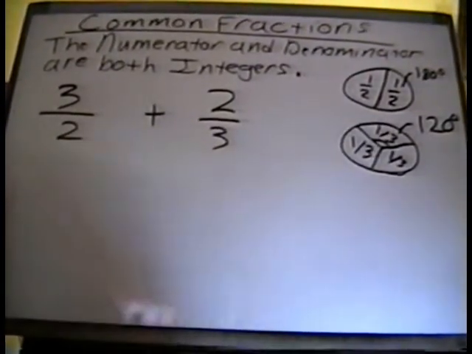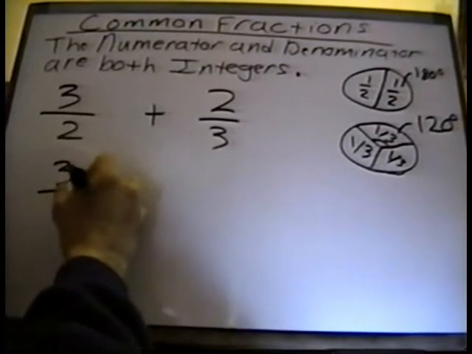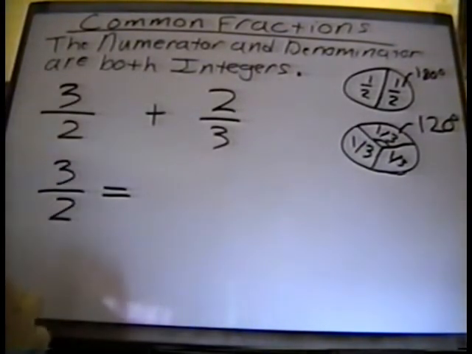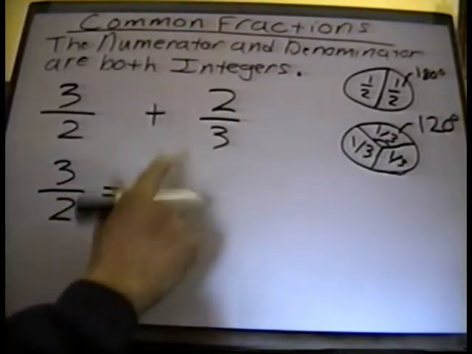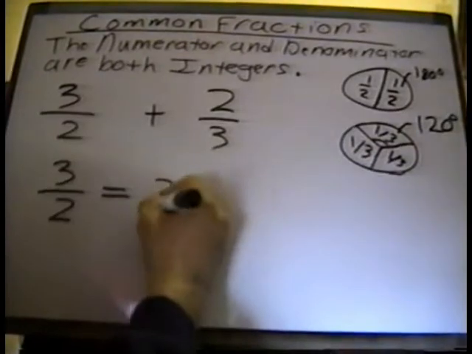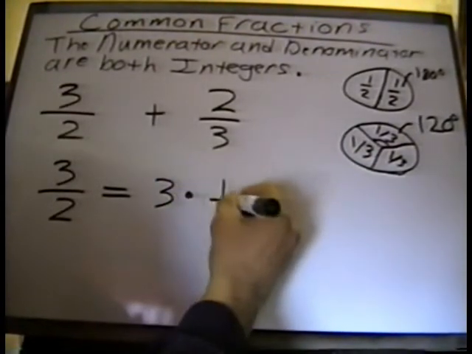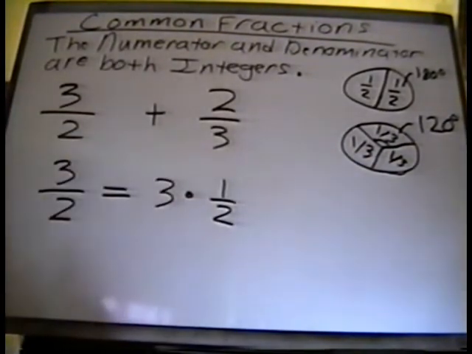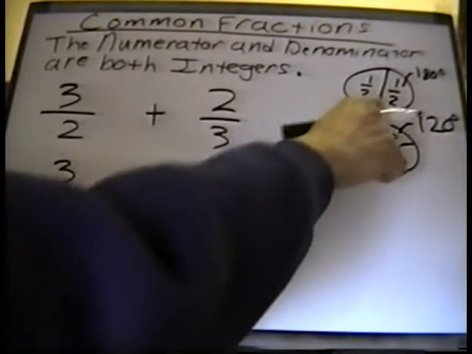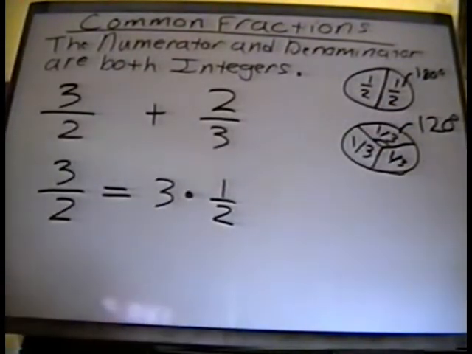So how do we show this? We say 3 halves is equal to 3 times 1 half. 1 half of one whole is represented by 180 degrees if we're talking about a circle.